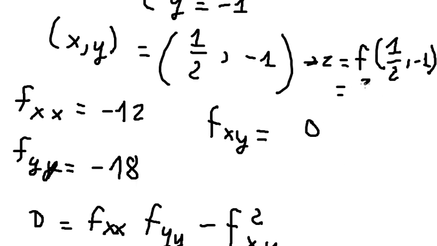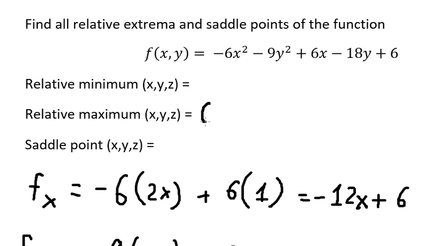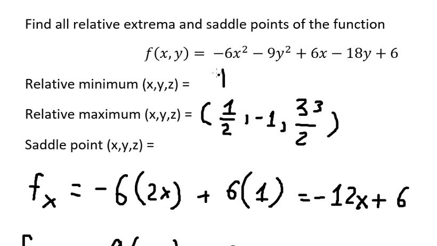We have 33/2, and now we just write this one in here. That's 1/2, negative number 1, 33/2. Because we don't have this one and this one, we can write D and E does not exist. So that is the final answer. This is the end. Thank you for watching.